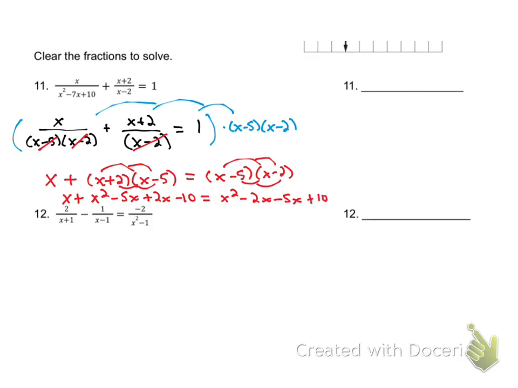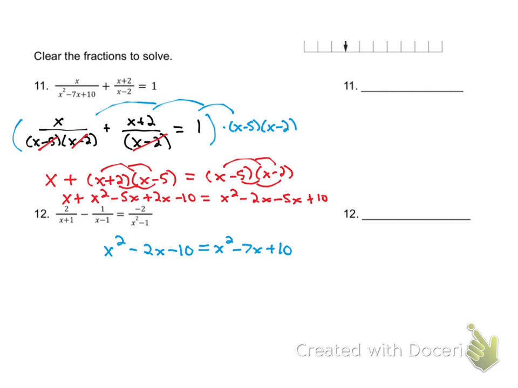So my writing is going to continue down over 12. Combine like terms on the left side. We've got x squared minus 2x minus 10 equals x squared minus 7x plus 10.